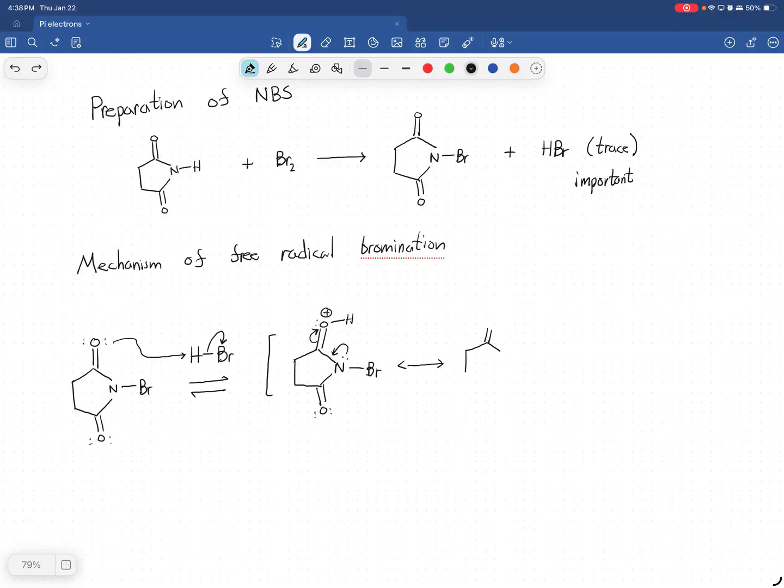Oh, sorry. I meant to draw a single bond. Erase that. O. Let's just write this as an H. Double bond there. We have an N, O. Now this has a Br plus. So when nitrogen is attached to Br, which atom is more electronegative? Is it nitrogen or Br?